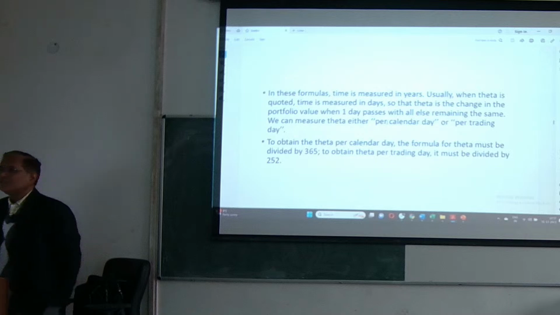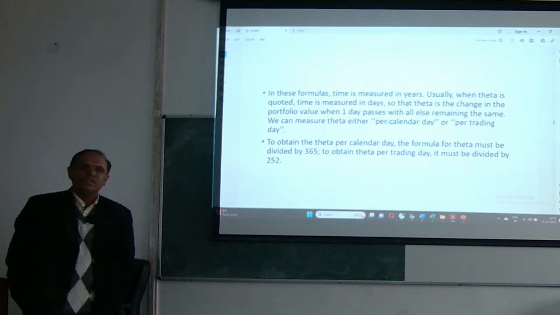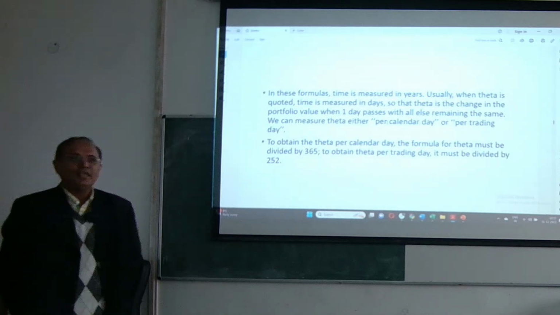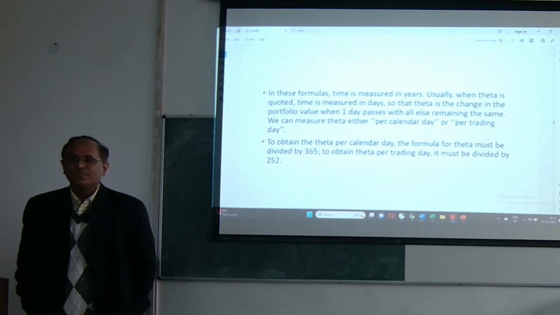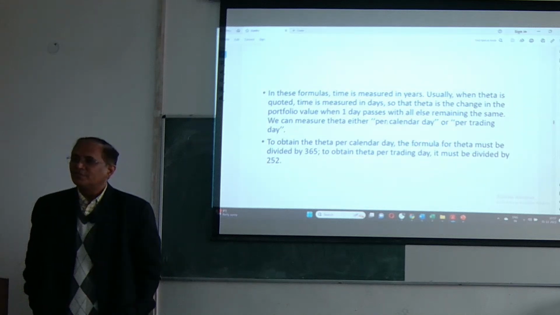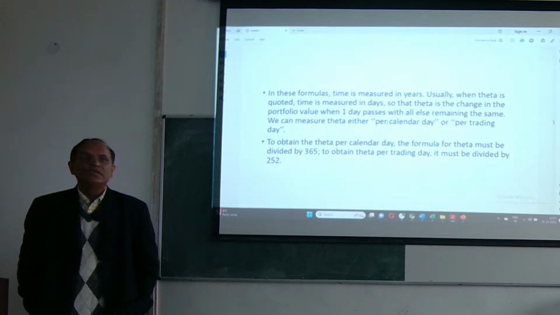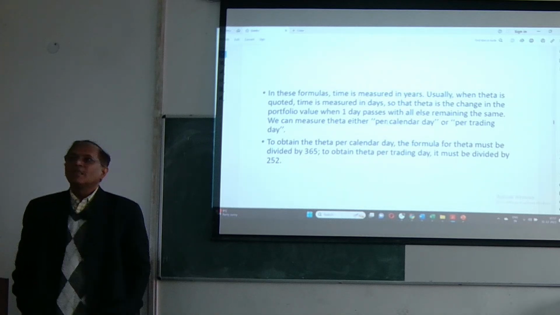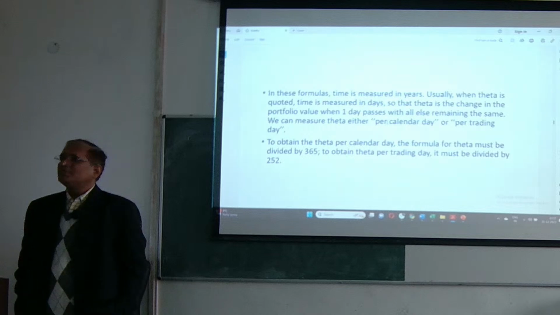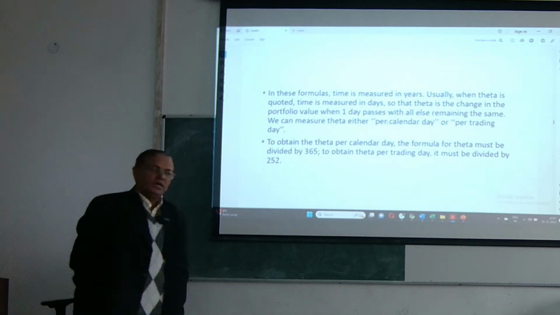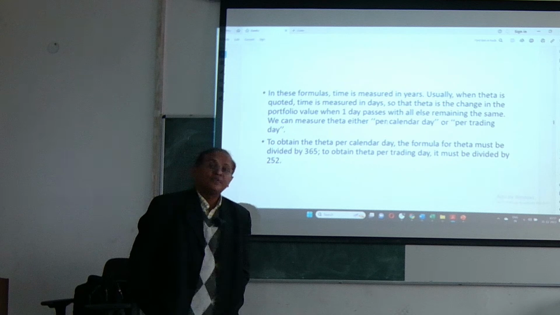Why is it there? Calendar days are actually 365, but trading days are only 252. Normally, it is generally assumed that the market works only for 5 days.